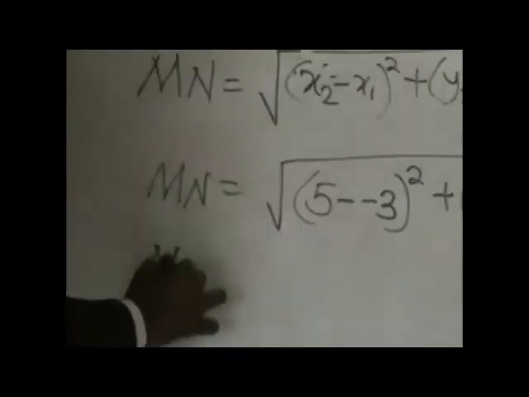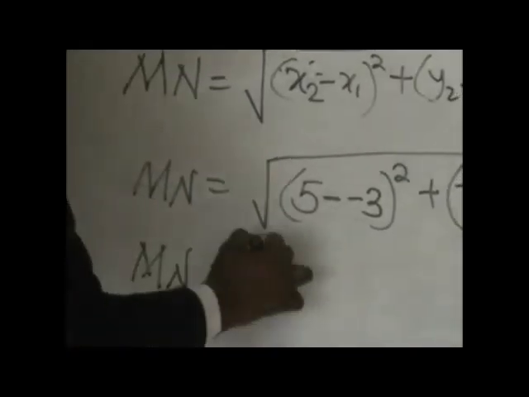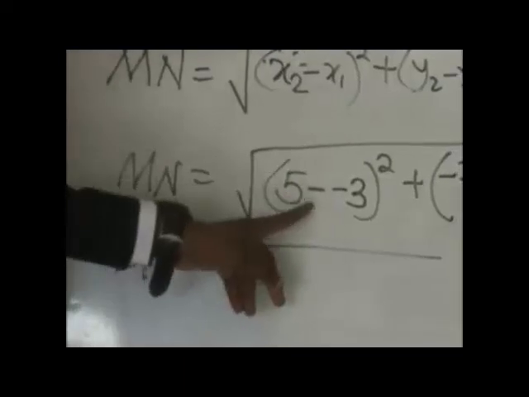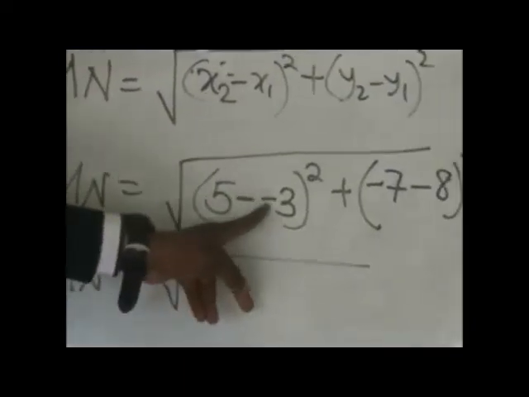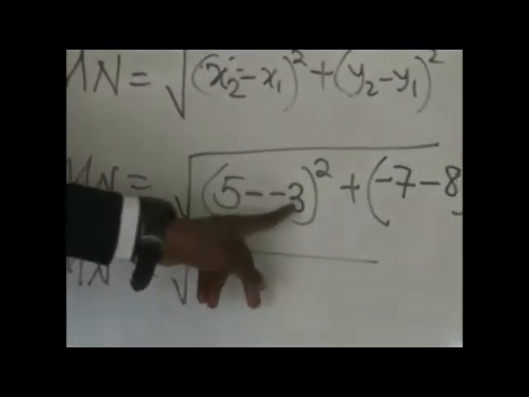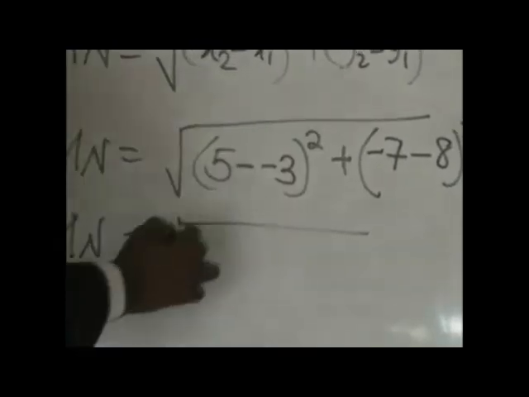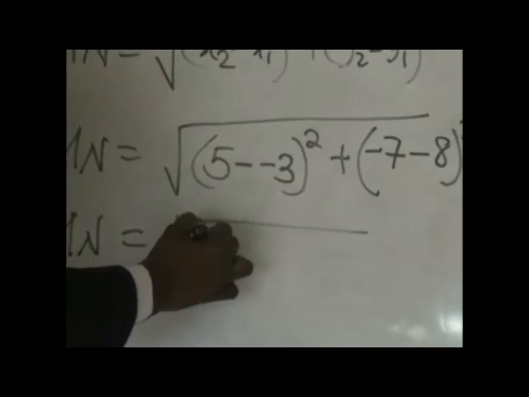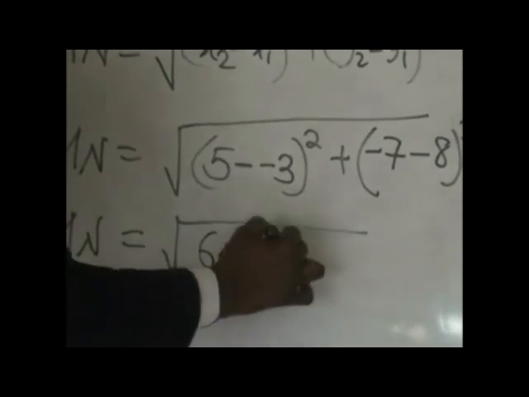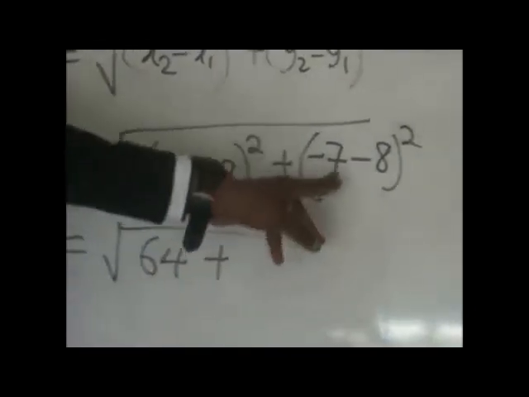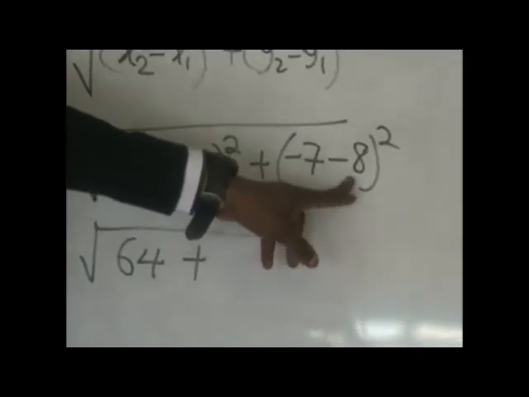So MN becomes, now 5 minus minus 3, minus and minus turns to plus. So 5 plus 3 gives you what? 8. 8 squared will give you what? 64. Now minus 7 minus 8 is minus 15.